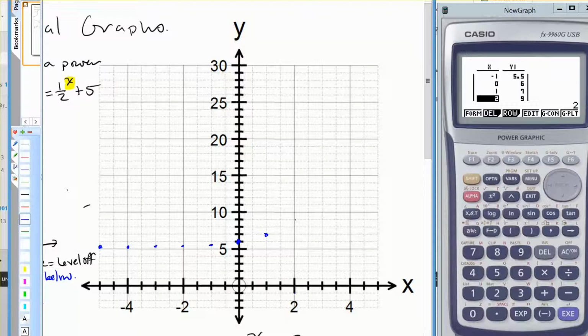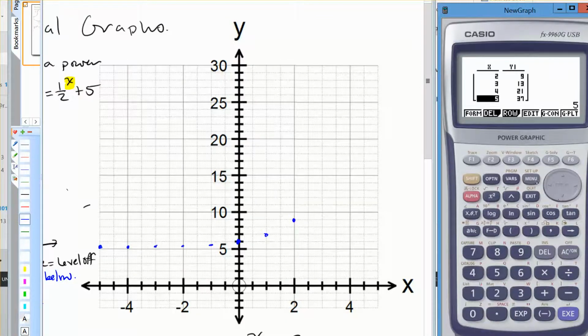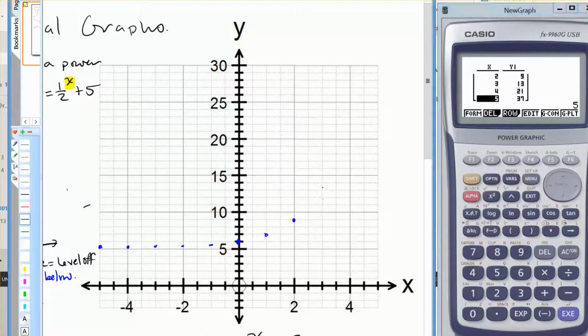At 2, I'm going to go up to 9. On 3, I'm going to be up at 13. 4 is going to be 21. And 5 would be 37, which is way off the scale somewhere.